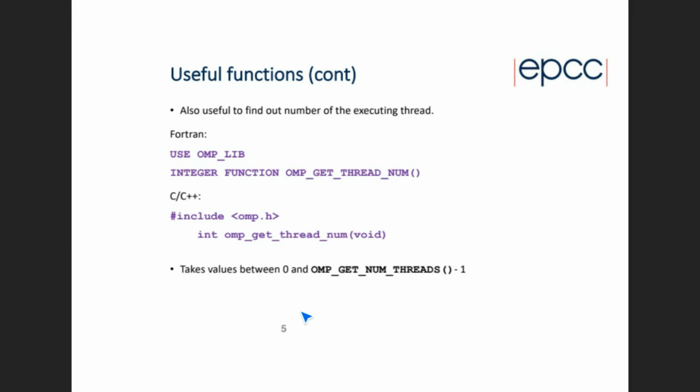This function takes values starting from 0, which is the master thread, up to one less than whatever omp_get_num_threads will return. So thread numbers start from 0. Fortran programmers beware: if you're used to array indices starting at 1, this can trip you up.